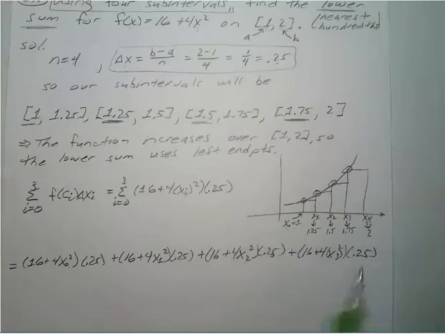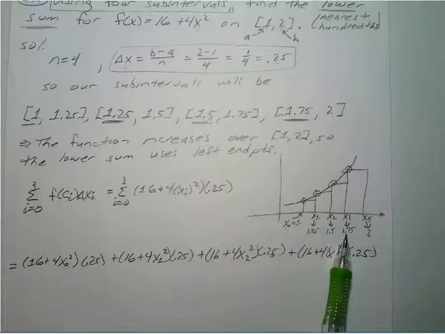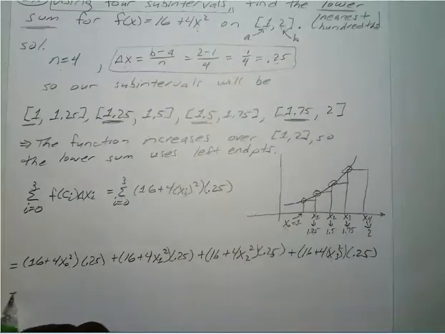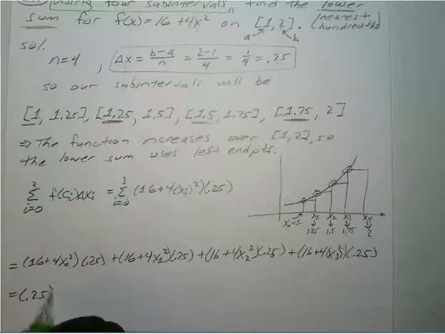Alright, so we're going to go ahead and replace the x sub 0 with 1, x sub 1 with 1.25, x sub 2 with 1.5, and x sub 3 with 1.75. And we're going to go ahead and factor out that 0.25 again, so that's out of the way.